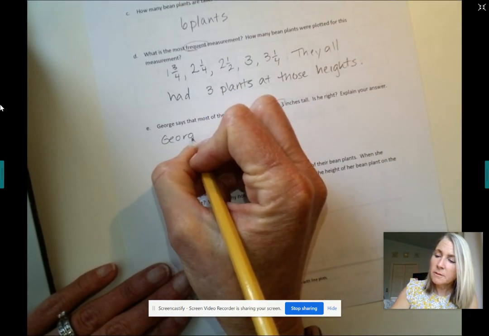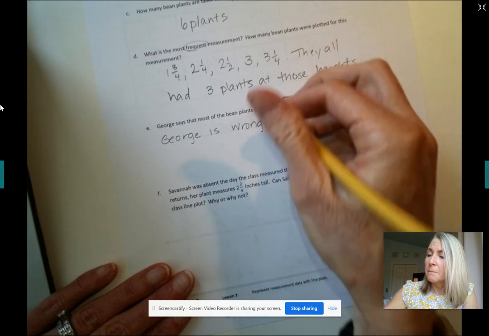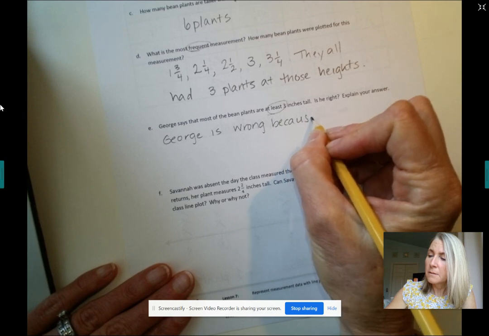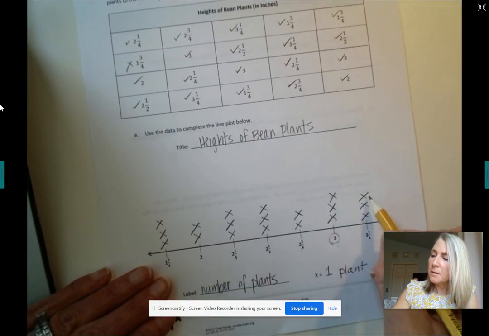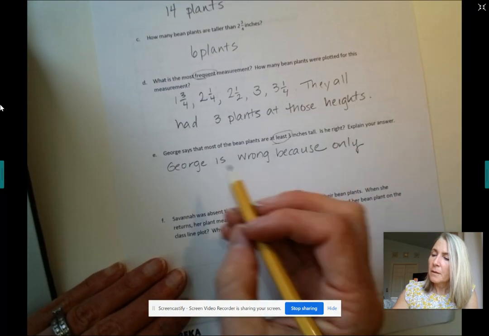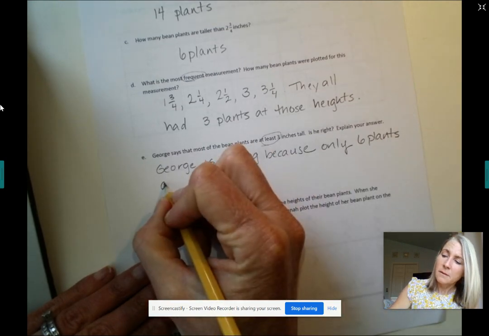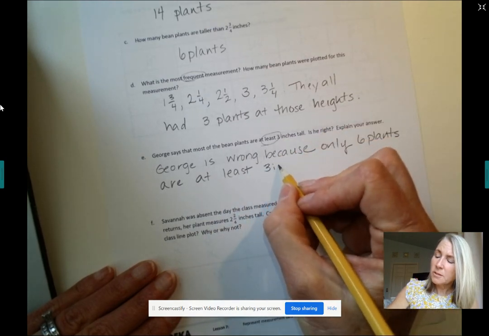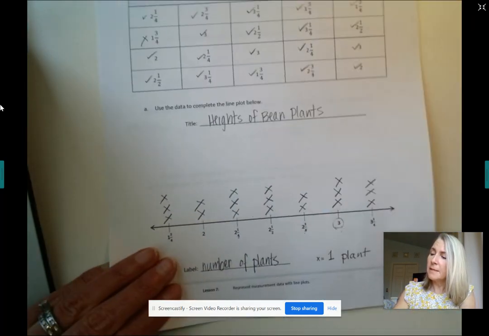George is wrong because only, let's see how many are actually at least 3 inches. 1, 2, 3, 4, 5, 6. George is wrong because only 6 plants are at least 3 inches out of, let's see how many there are.